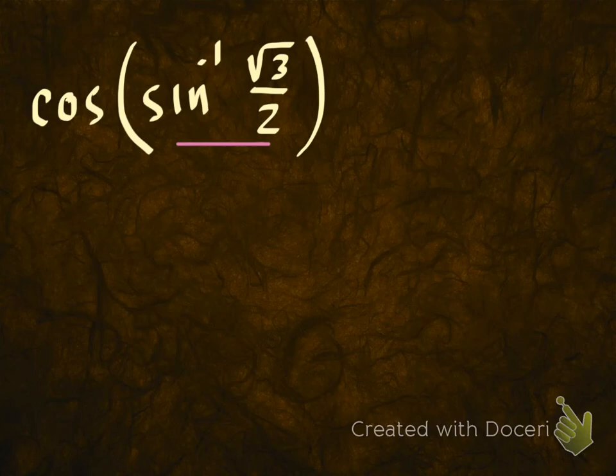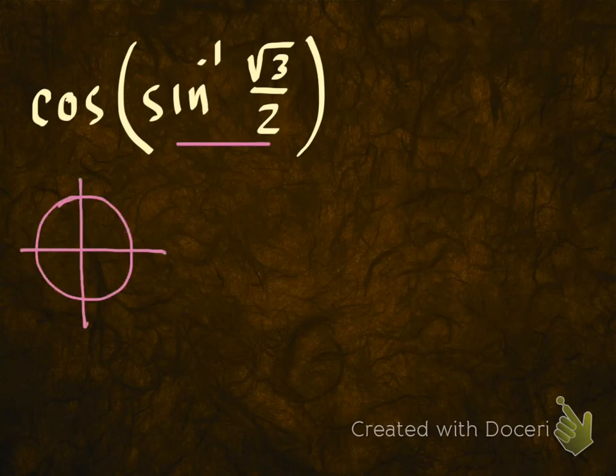So think about your unit circle now. Think about the sine, and it's got to be somewhere over here. An angle that has a sine of √3/2, that's up here, and yes, that would be pi over 3. Pi over 3 has a sine equal to √3/2.